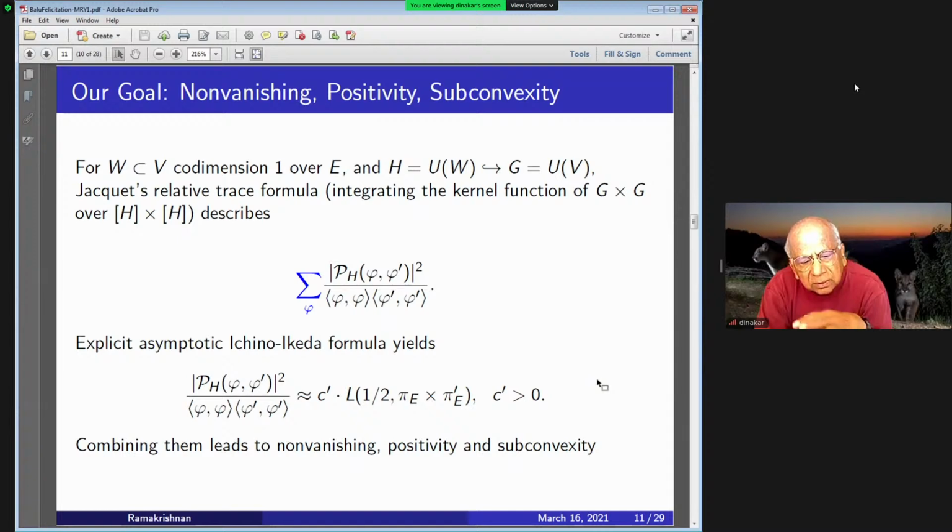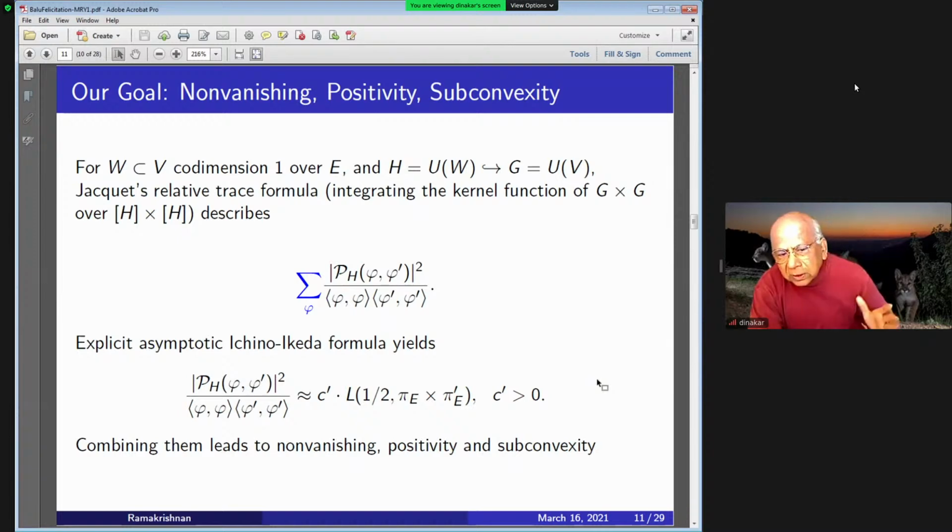And then some Ichino-Ikeda formula, some asymptotic version of it, that we prove precisely what it is, and that this period here normalized by the Petersson norms is some positive constant we can explicitly compute times the L value here.